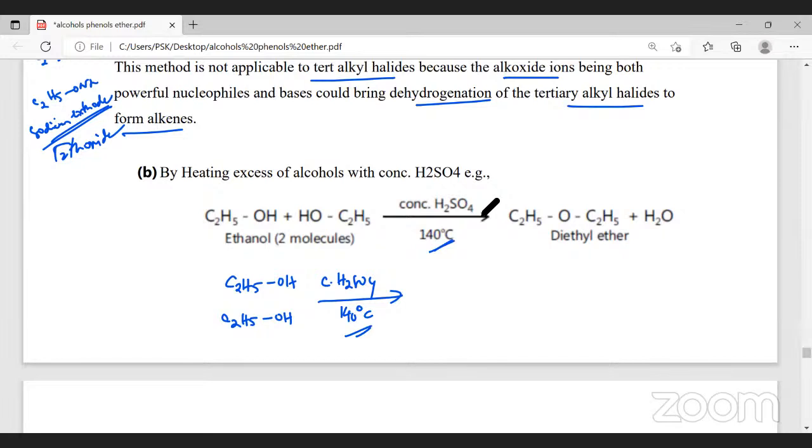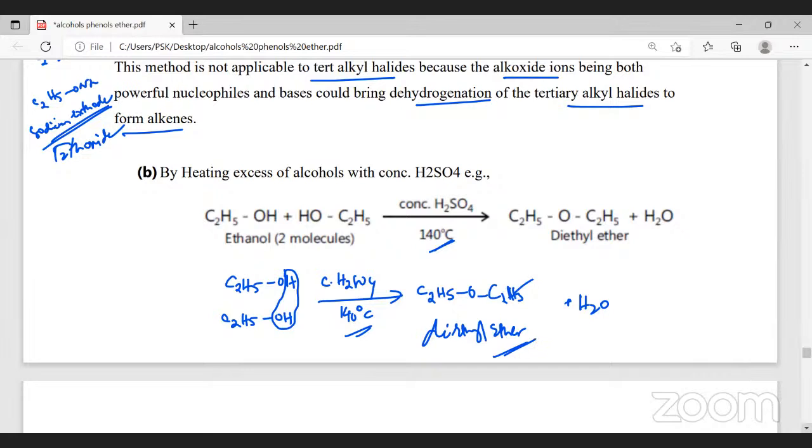Dehydration means removal of water. This H and OH get eliminated as water. When H and OH get eliminated as water, what we have is C2H5, an oxygen here, and C2H5. This is an ether, which will be called diethyl ether. So alcohols on dehydration give ether.